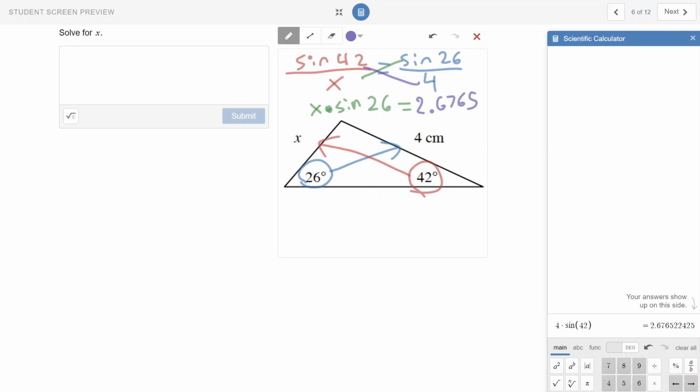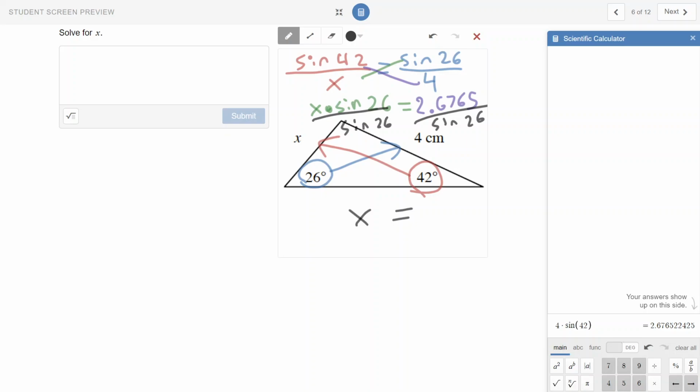All right, from here we want to get x by itself. It's being multiplied by sine 26. Let's divide by that. Sine 26, sine 26. And that leaves us with x is equal to 2.6765 divided by sine 26. Let's do that on a calculator.